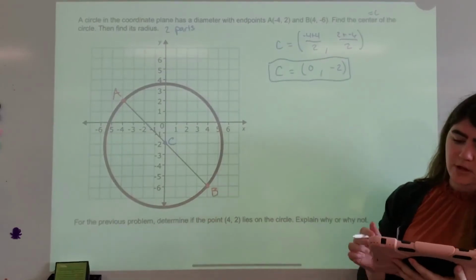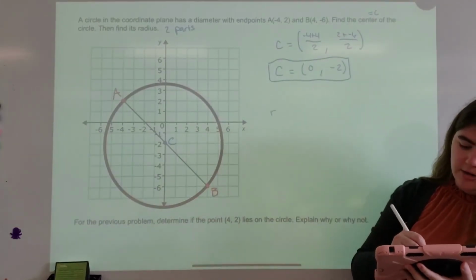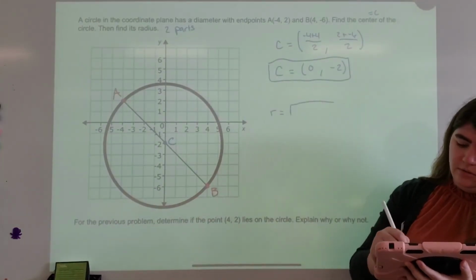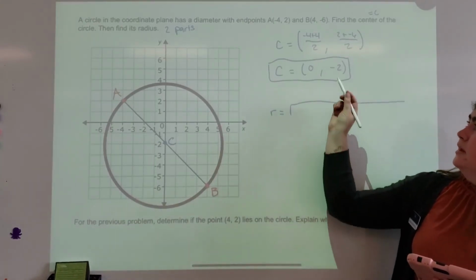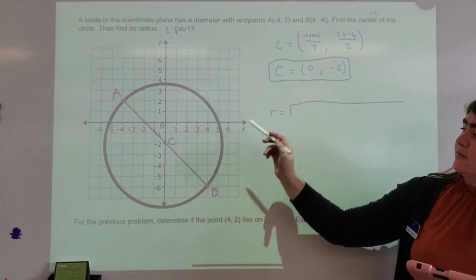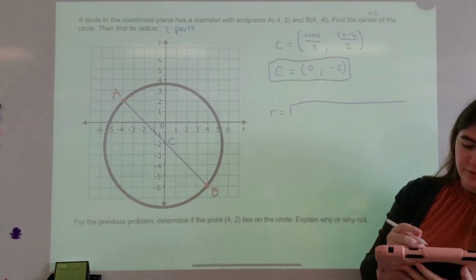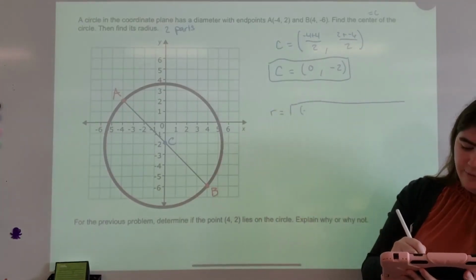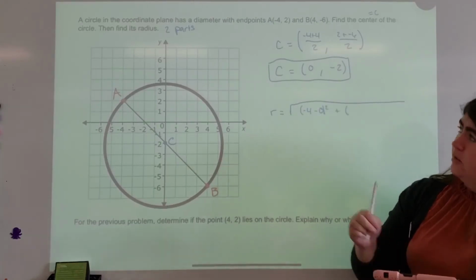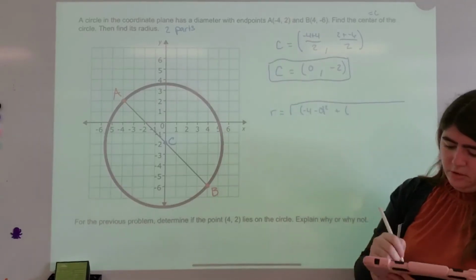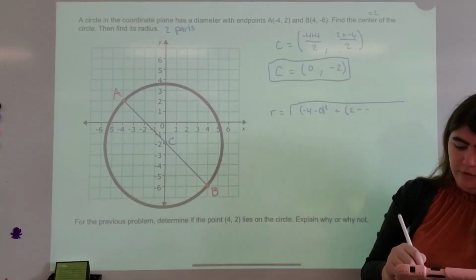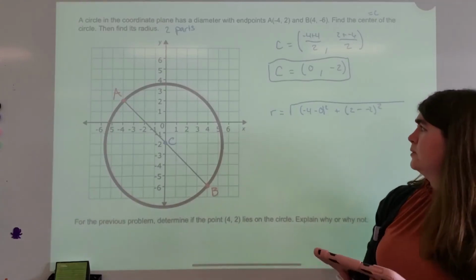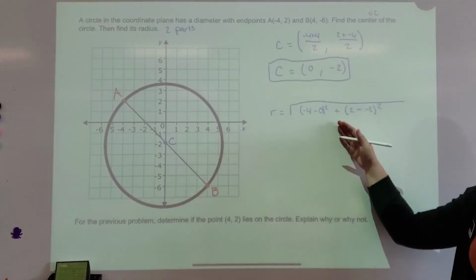So R is equal to the square root of x1 minus x2 squared, so -4 minus 0 squared, plus y1 minus y2 squared, so 2 minus -2 squared.